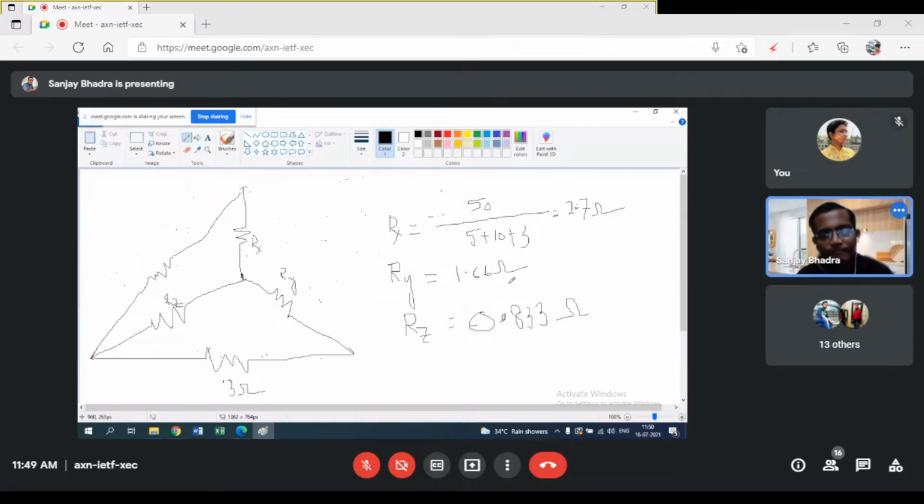Find out the rest two resistances. You need to understand this mathematics, and only the values will get changed.